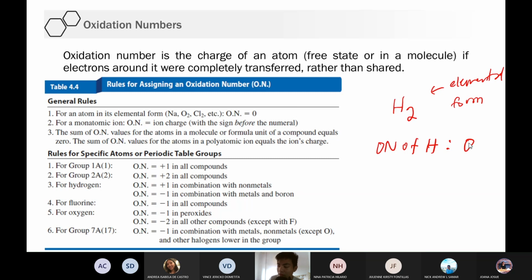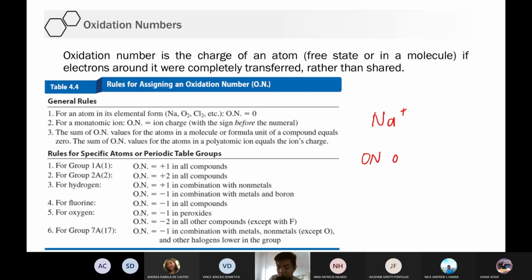Second rule, for monoatomic ion, oxidation number is equal to the ion charge. So, that means if we have charges, whatever the charge is, yun na yung oxidation number niya. For example, Na+. What is the oxidation number of Na?